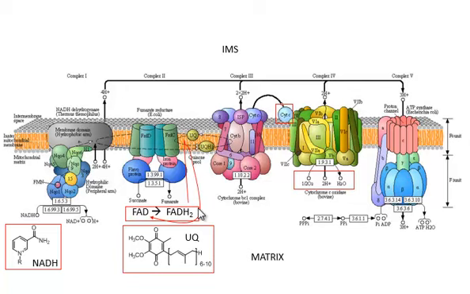FAD is used in the mitochondrial TCA cycle as we take succinate to fumarate; you might want to review that. The FADH2 that's generated in the mitochondria can shuttle its electrons onto ubiquinone. In that process, however, there's insufficient energy and no protons pumped across the membrane to actually contribute to the proton gradient.